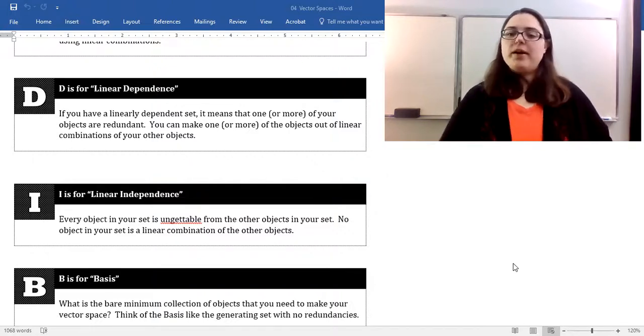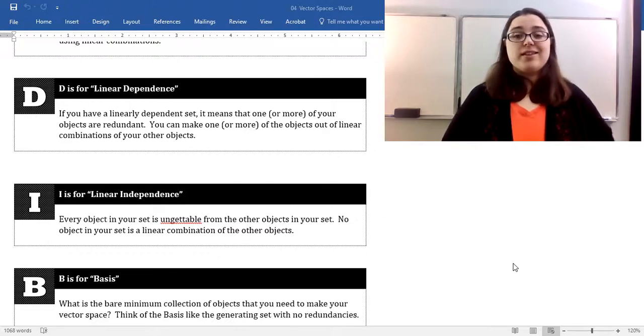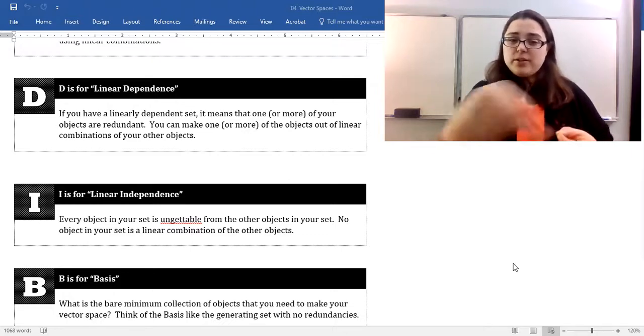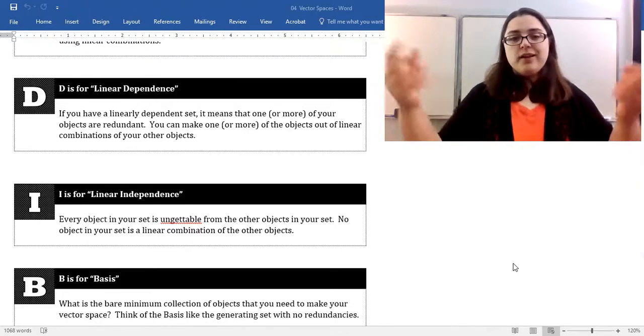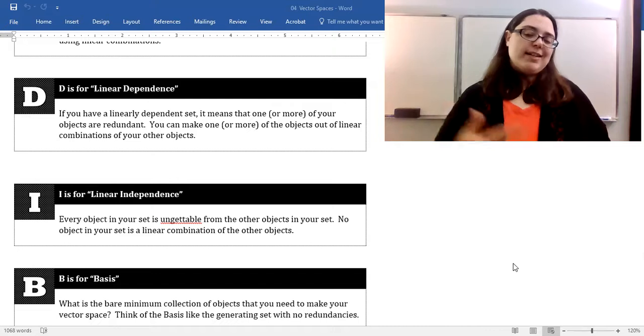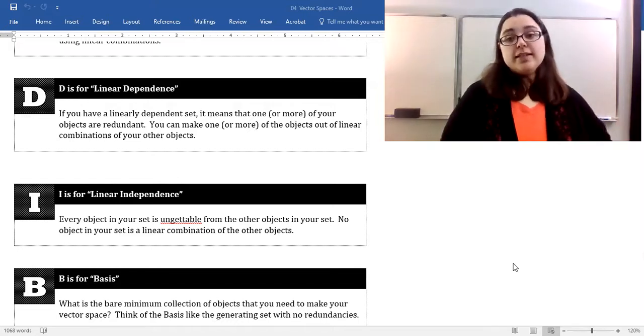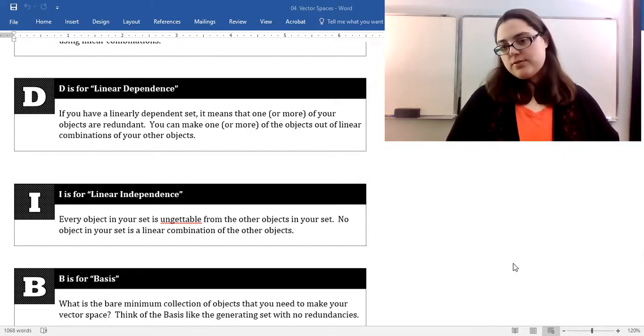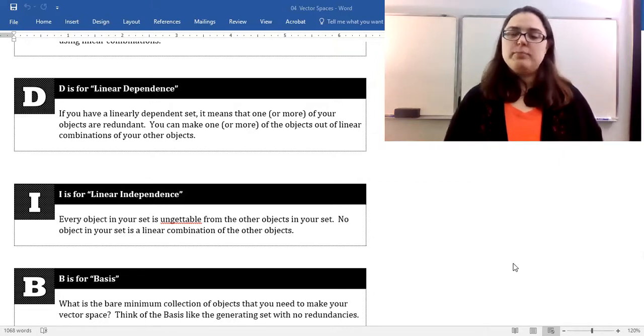Well, that 4x4 Lego is redundant because I could just take four of my 2x2s and use them to create a 4x4. So that would be a linearly dependent set. I don't need to have the 4x4 there because I can create it out of the 2x2s. So that's a linearly dependent set.